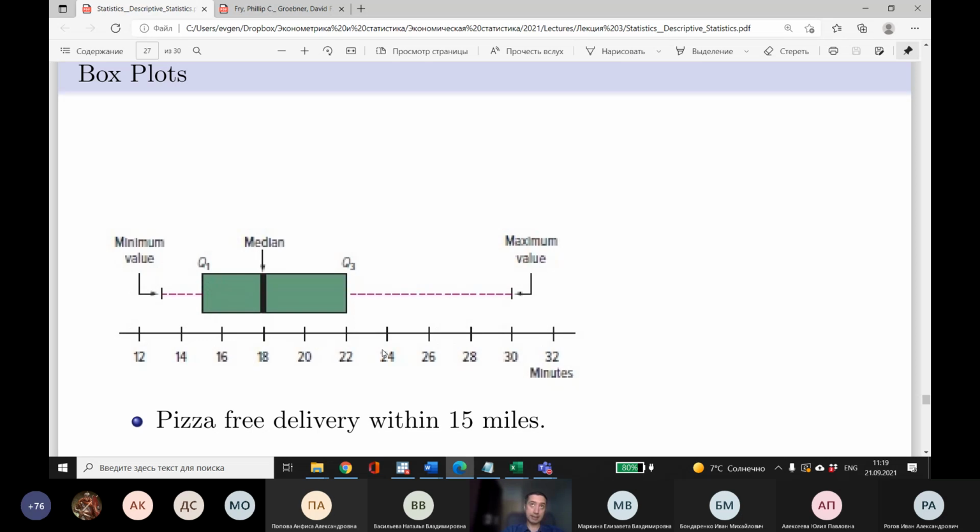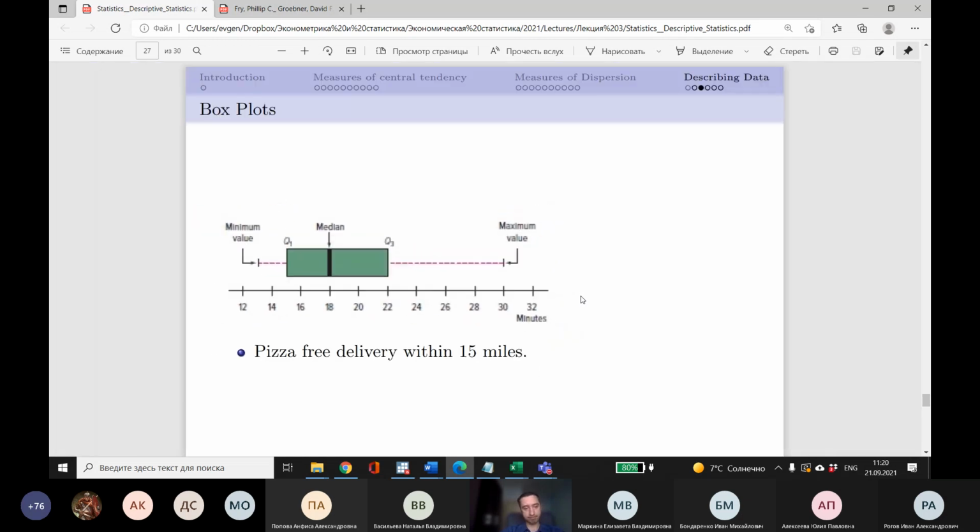But in statistical packages, by default, we often also use some points instead of minimum and maximum value to indicate large extreme values. And today, at the end of the lecture, we will try to make a box plot in Excel together.